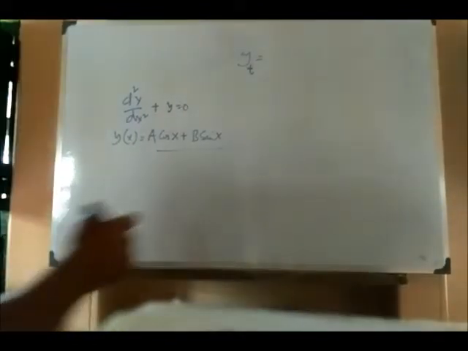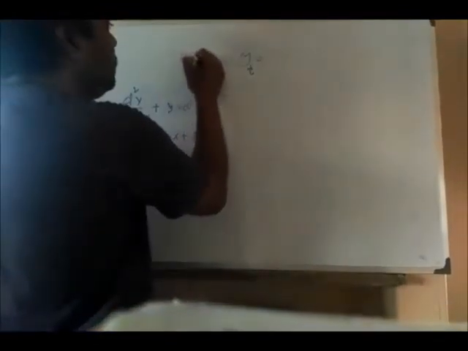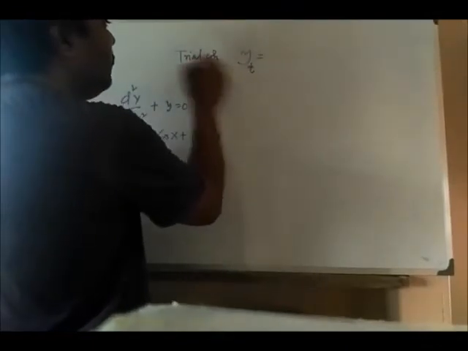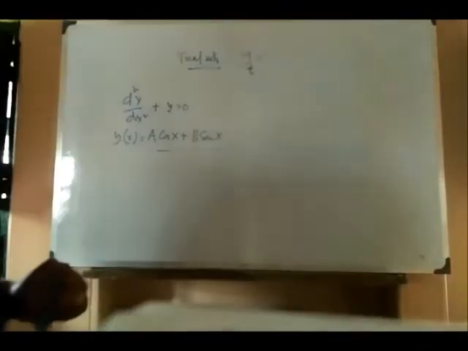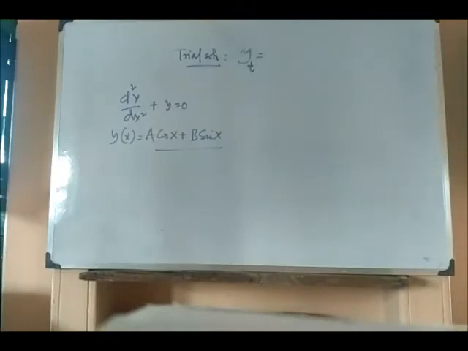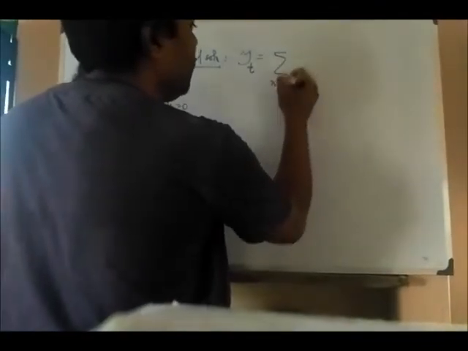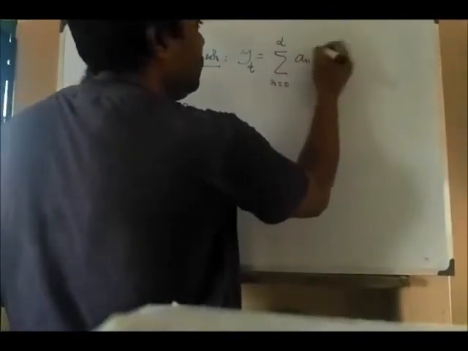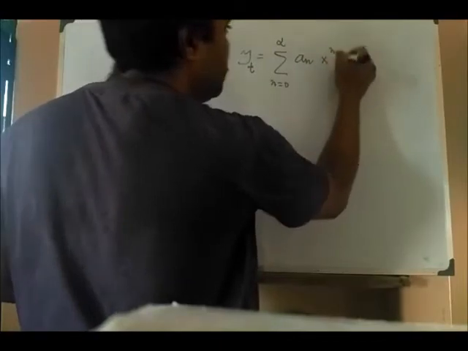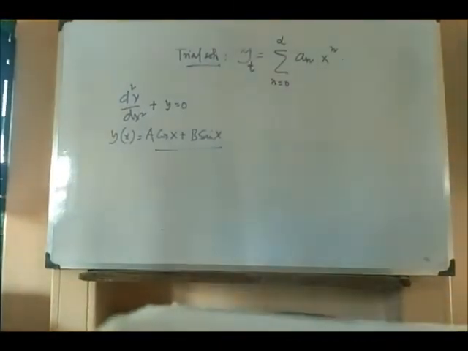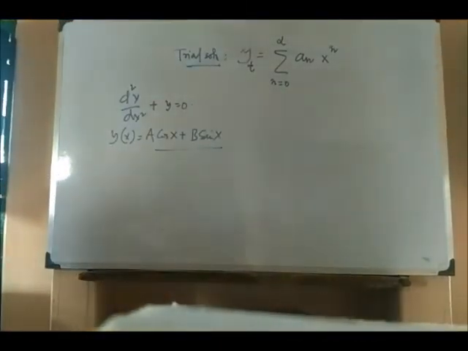Okay, so the trial solution, we are using this as a convergent power series sum of a_n x to the power n, right?